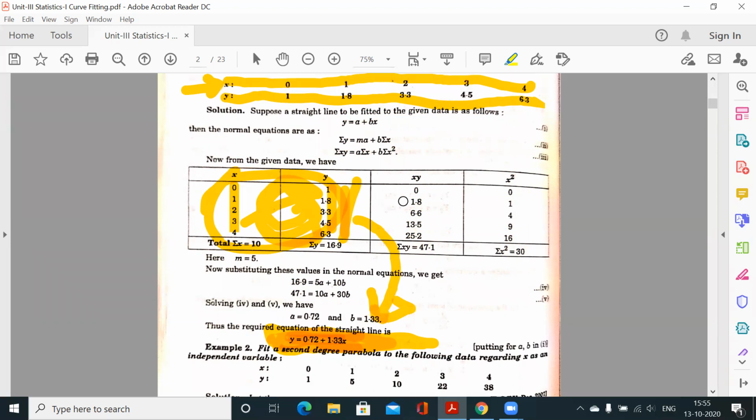Suppose one river is there, from this point to this point. This is one bank and this is the second bank. Clear? Suppose we are moving from here. At this point the depth of the river is 0, and at this point the depth is something.